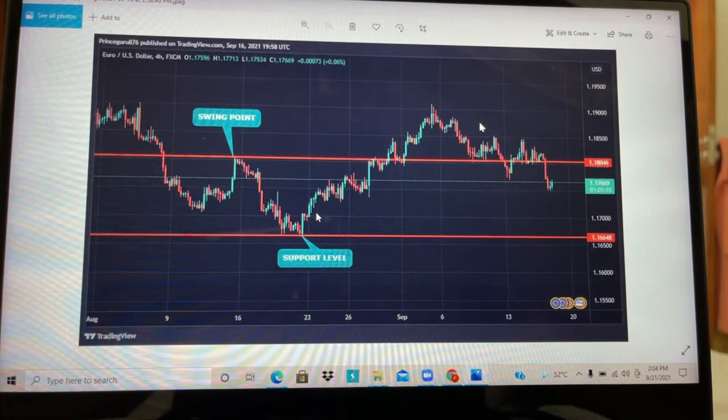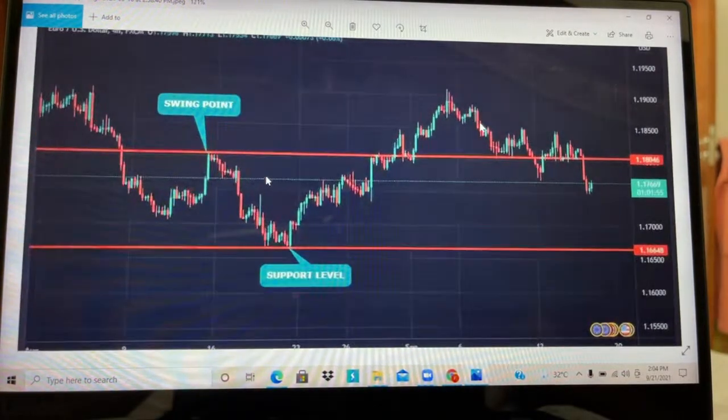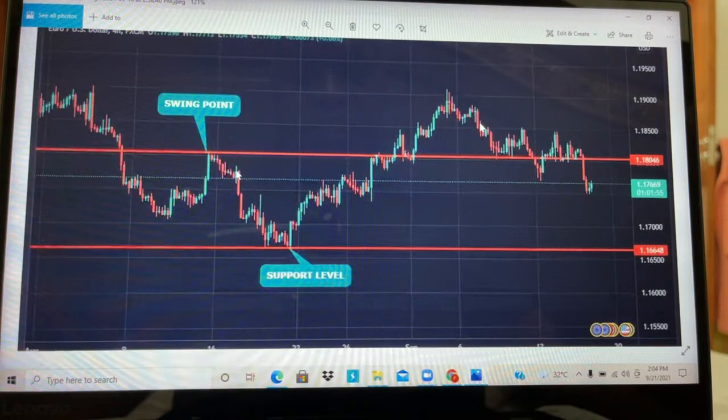As you know, bearish engulfing normally forms at the swing points, which is the resistance, and the bullish forming from the support.